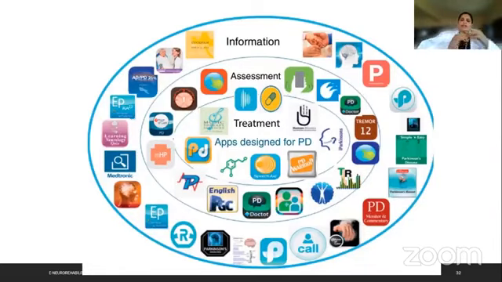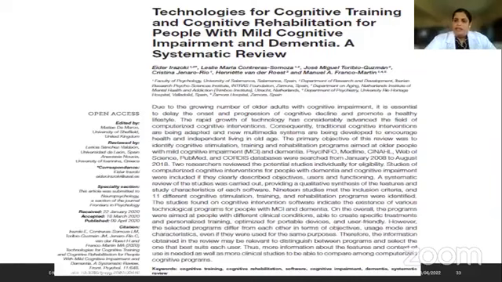Then another study looked at the use of various technological equipment advancements along with smartphone applications for cognitive training for people with mild cognitive impairment and dementia. In this systematic review also, they have said that all these technological softwares are helpful in improving cognition in patients with mild cognitive impairment and dementia.